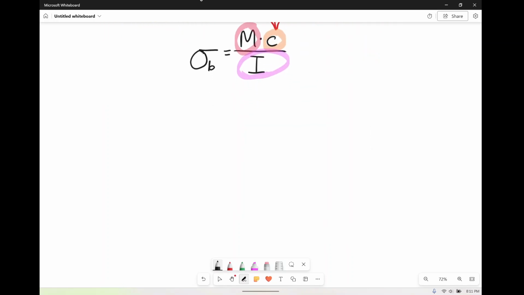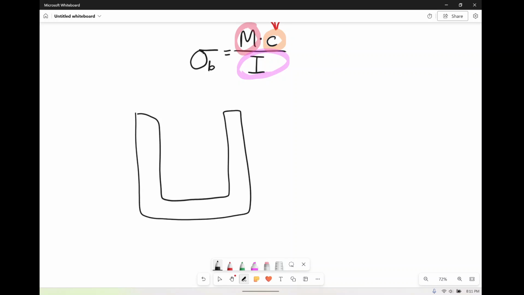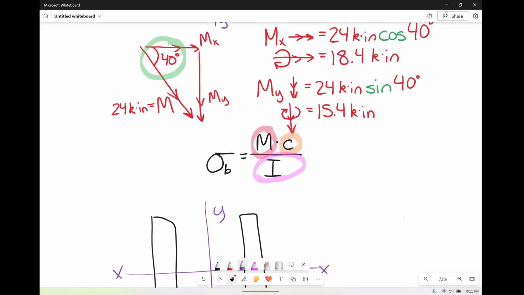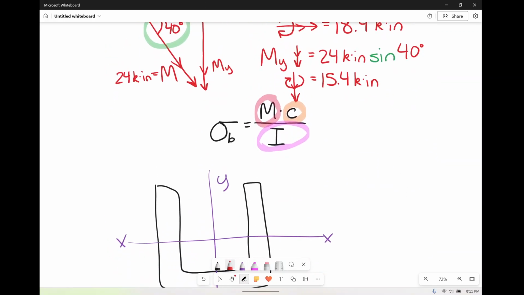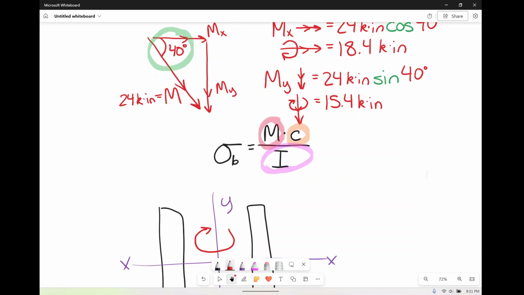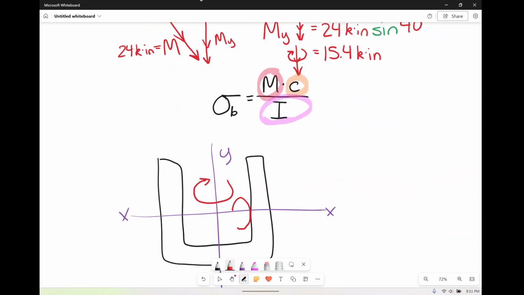And to logically break it down, effectively we have our shape, just as a rough sketch here. We have our shape, we have our axes, x and y, and let's draw on our moments real quick. So moment in the y direction is coming this way around, and moment in the x direction is coming this way around.